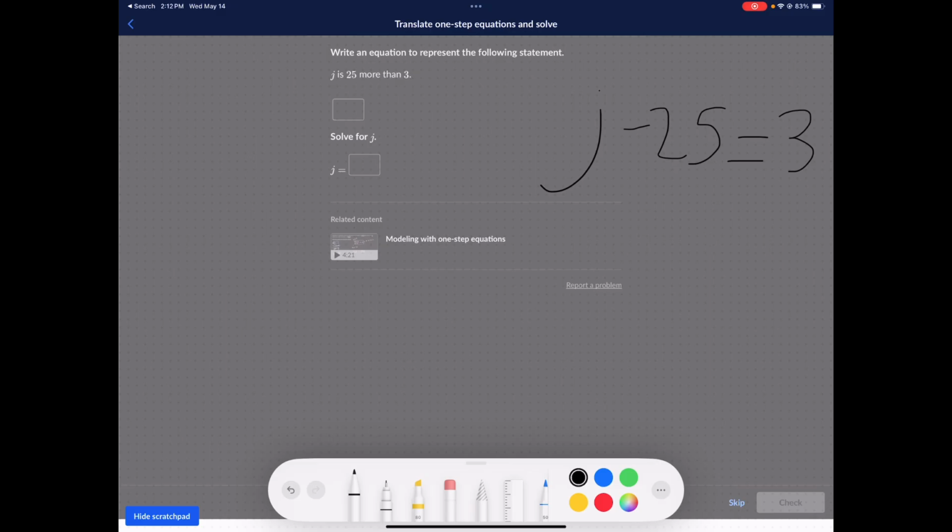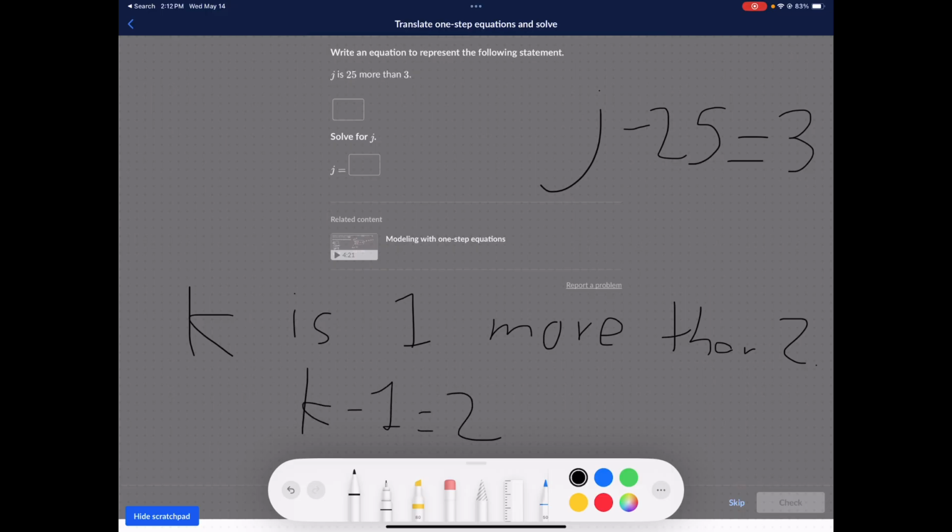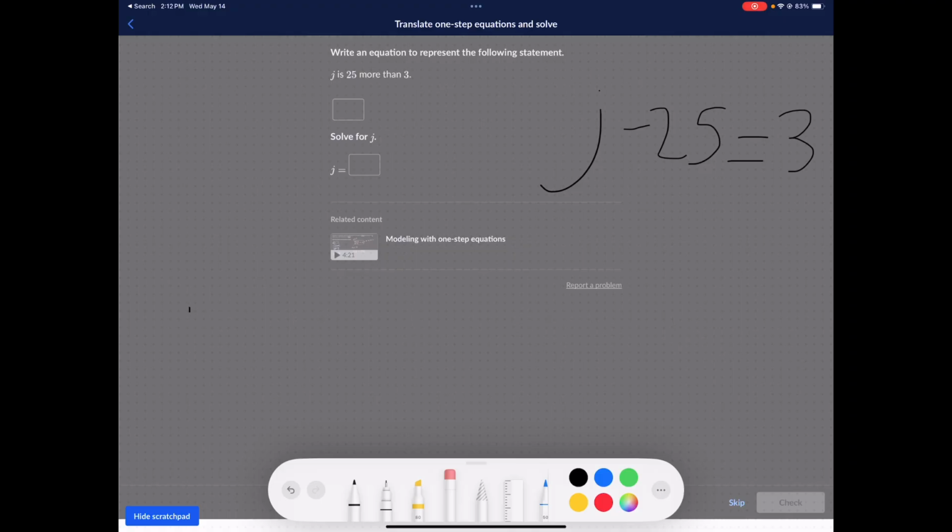K is 1 more than 2. So we have K minus 1 is equal to 2. Now, how is this possible? Well, what if we plug in a number? If we add 1 on both sides, we get 3. So 3 is 1 more than 2. That's right? Yeah, so we would do subtraction. I know it sounds weird, but it'll make sense once we solve it.